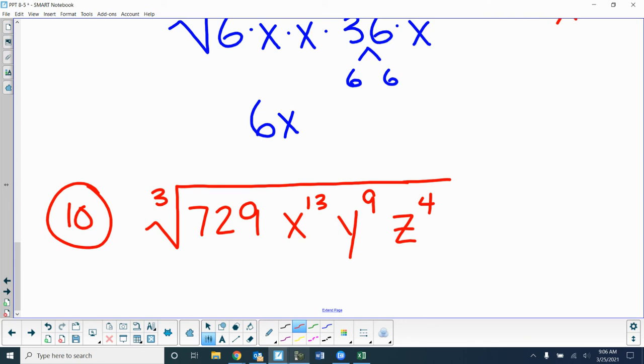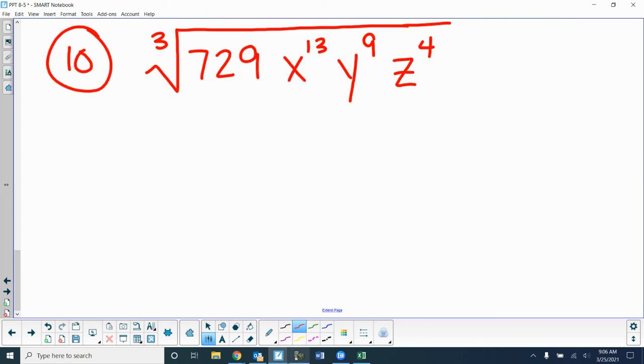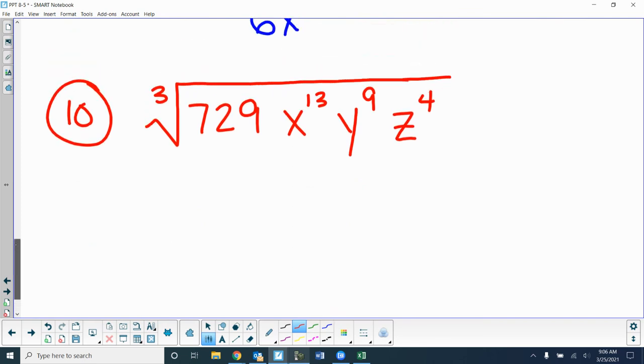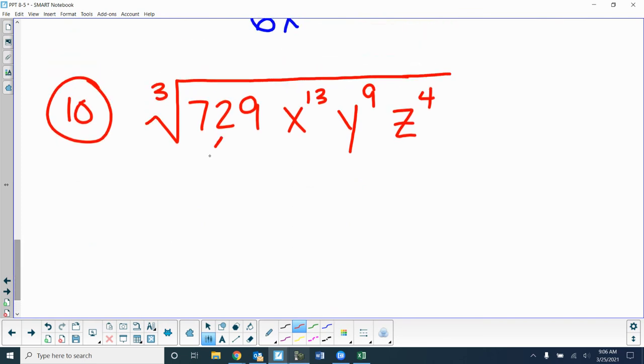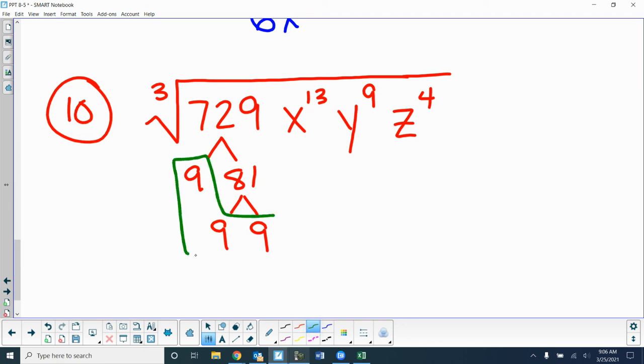That's okay, but that's not really the way we were supposed to do this. Okay, you want it in simplest radical form. So this is 9 times 81, and that's 9 times 9. So I got a group of 3, right? 9s. So I can pull out a what? A 9, right?